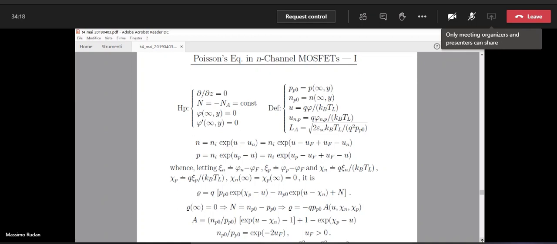Same thing for the holes. p is ni exponential of up minus u, and then again we add and subtract uf. Okay.